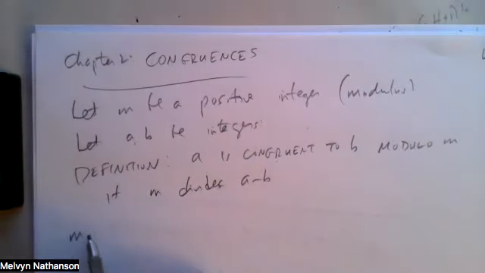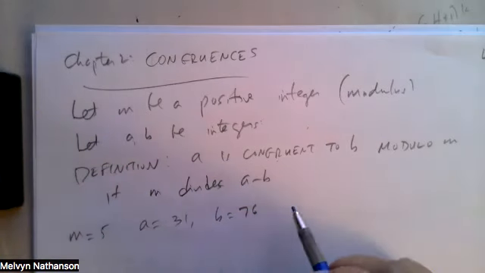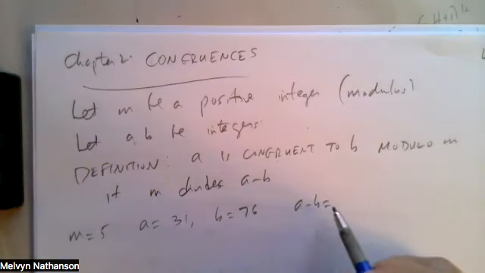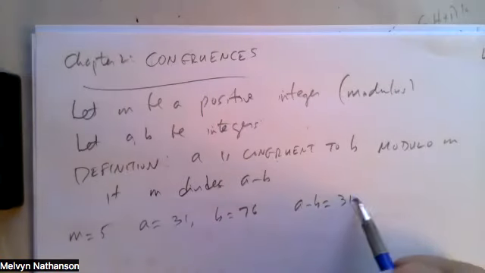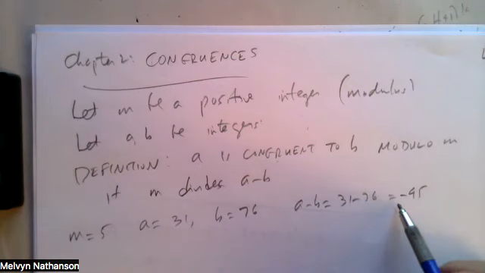So for example, if I take m equal to 5, a equal to 31, and b equal to 76, a minus b is 31 minus 76, which is equal to minus 45.